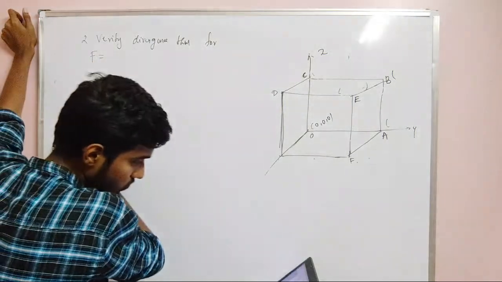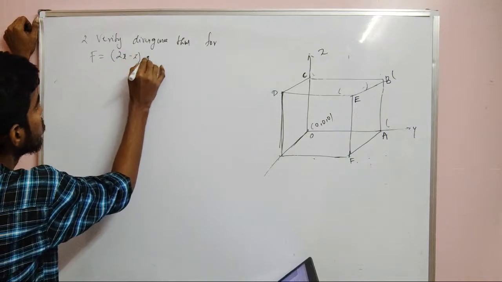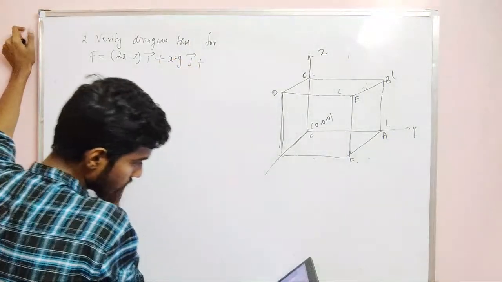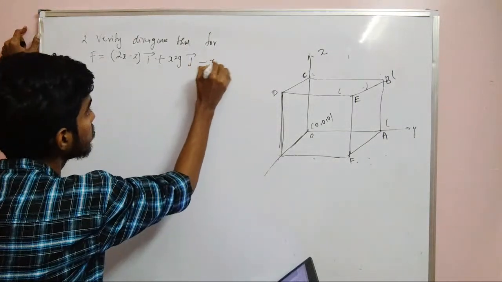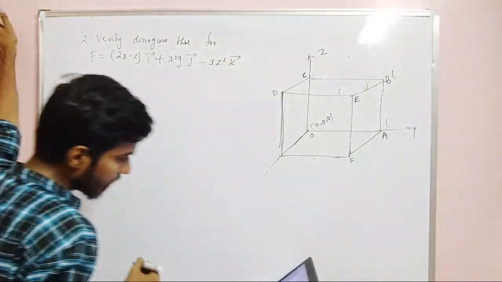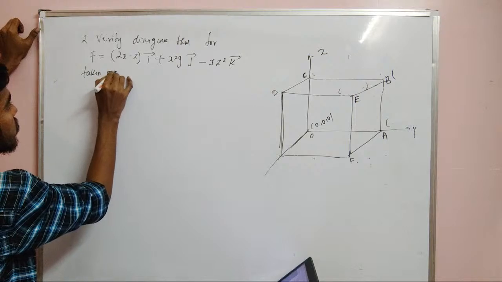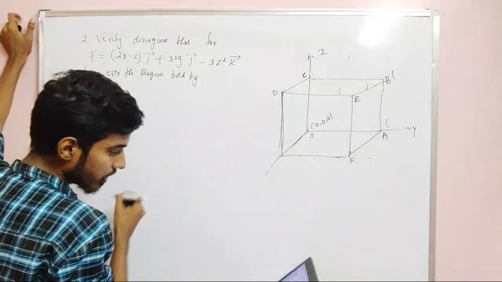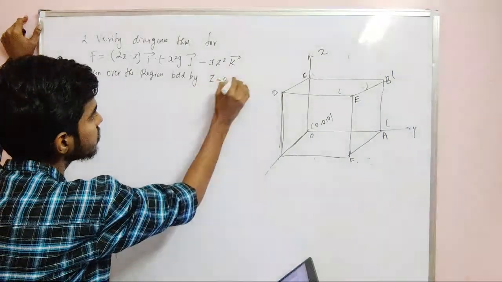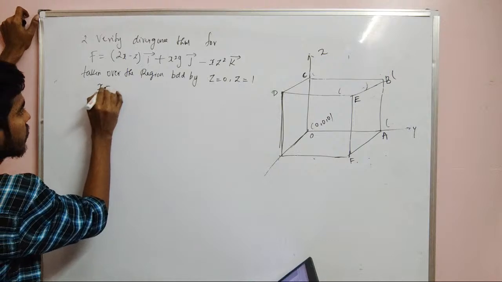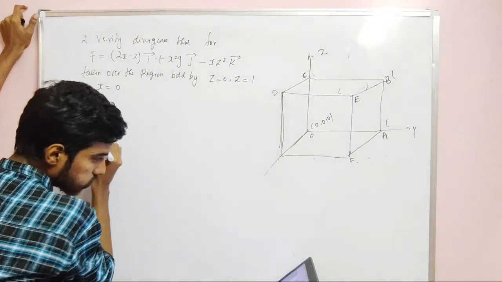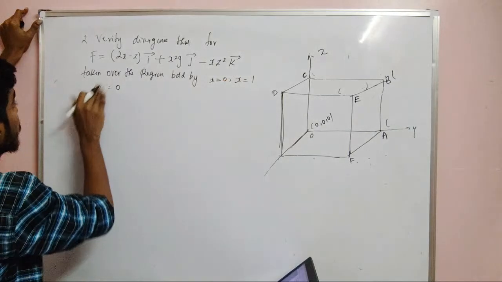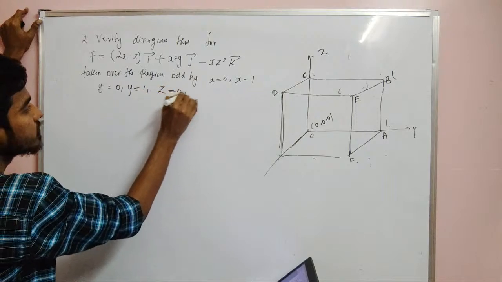Then you can read: F is (2x minus z) i vector plus x square y j vector minus x z square k vector, taken over the region bounded by z is equal to 0, z is equal to 1, x is equal to 0, x is equal to 1, and y is equal to 0, y is equal to 1.